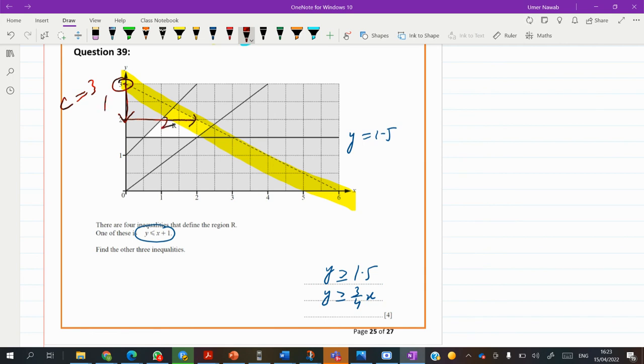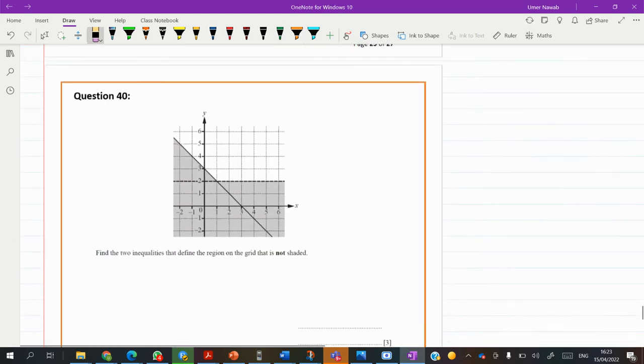So m is minus 1 over 2. So the equation is y, and the wanted portion is below. It's a dotted line, less than minus 1 over 2 x, and the y-intercept is 3. So we wrote the x-intercepts and the y-intercepts.